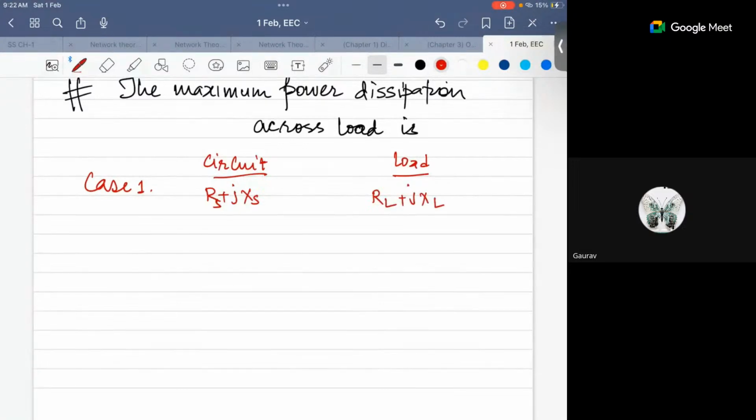Now you can think that in the load terminal, they can give that RL is only varying and XL is fixed, or XL is varying and RL is fixed, or both are varying. Are you able to understand what I'm trying to say? Yes, sir.